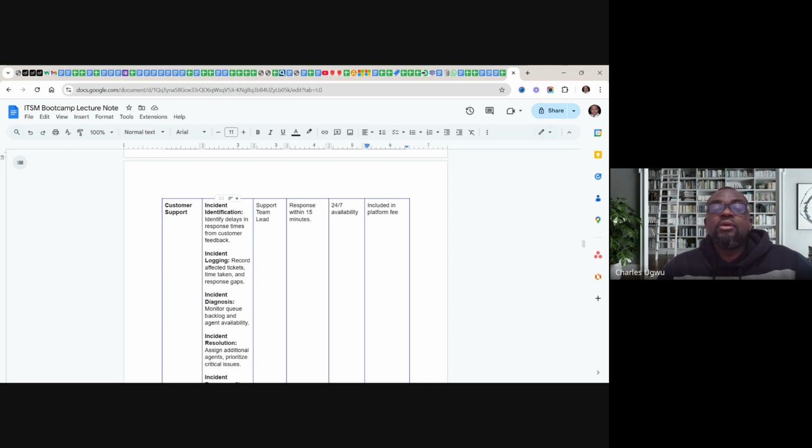On this, the person in charge is the support team lead, and the service level agreement is response within 15 minutes. This kind of service level agreement is the one we're talking about, which we should equally add in every other service as well, because we are resolving incidents in other areas too.